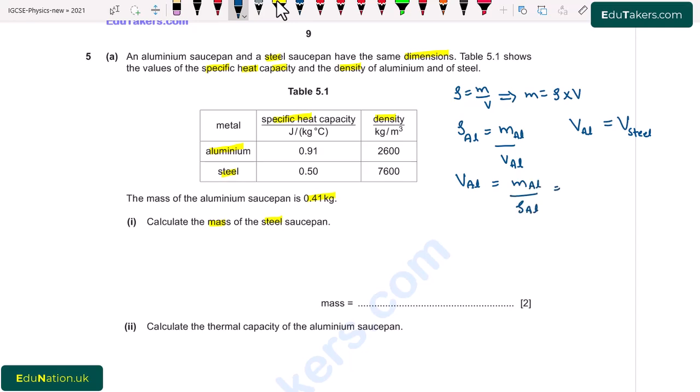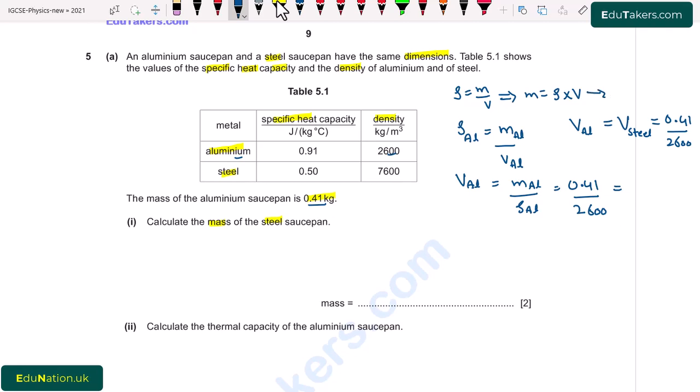The mass of aluminium saucepan is given, that is 0.41 kg, over the density of aluminium, which is 2600. So the volume comes to be 0.41 over 2600. So here the volume of both of these saucepans is the same.